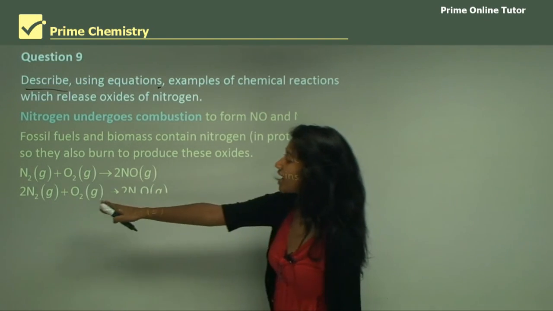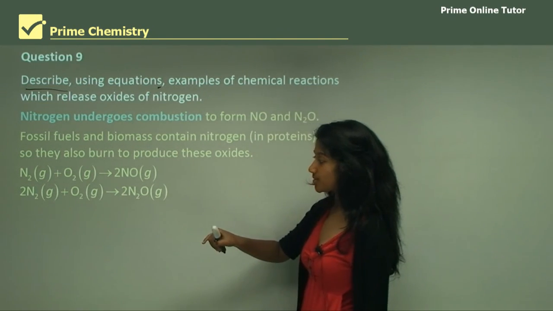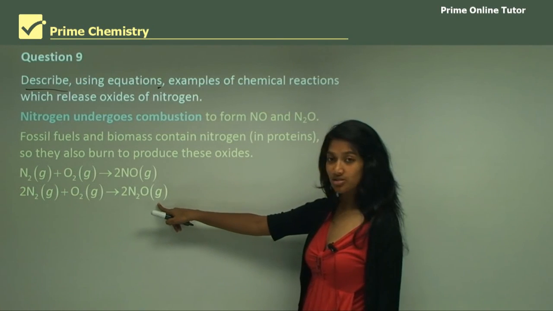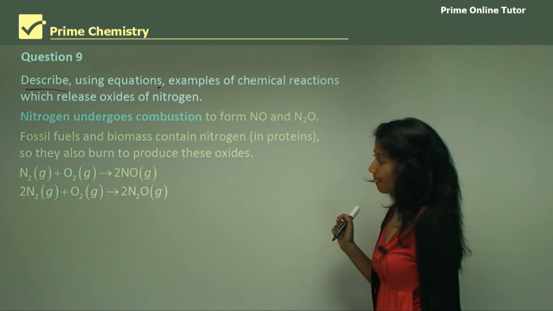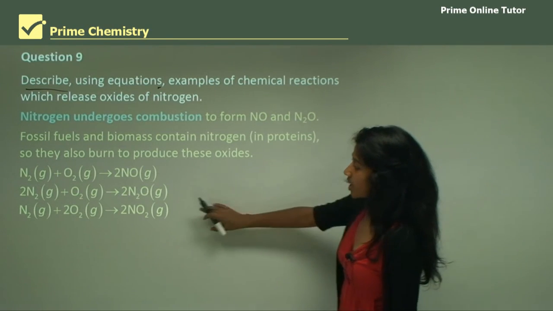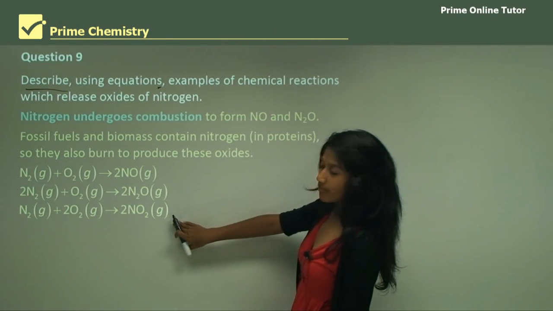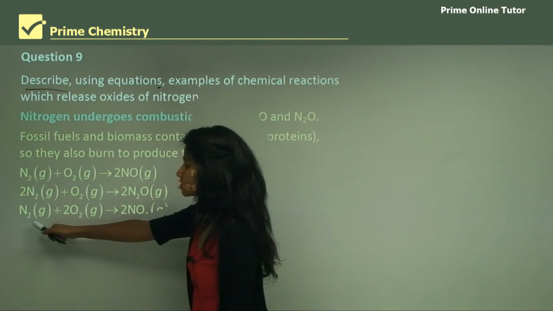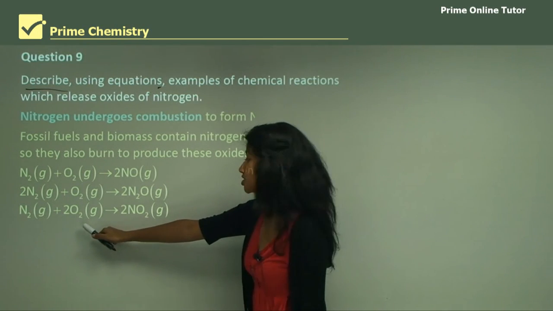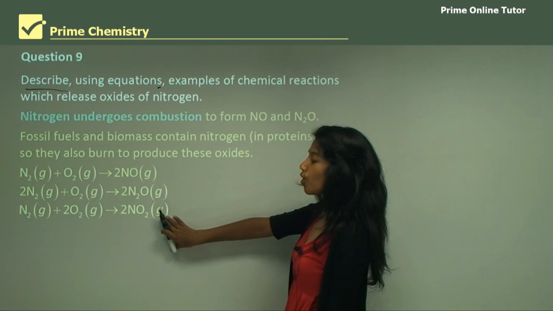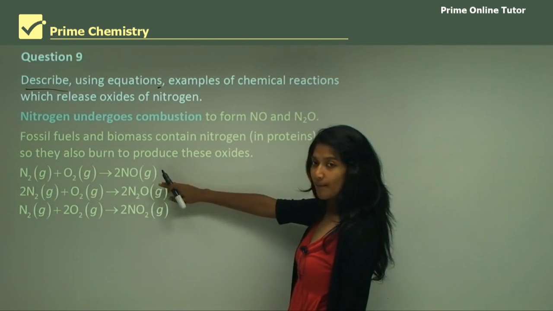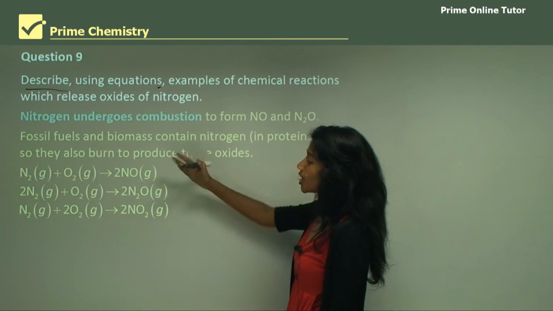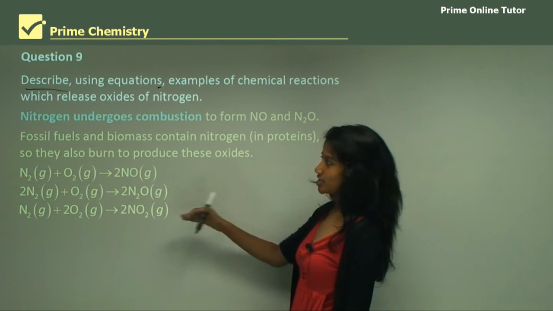Then we have nitrogen with oxygen again forming nitrous oxide, which is dinitrogen monoxide. Now we also have another form of combustion. Again, nitrogen undergoing combustion in the presence of oxygen forming nitrogen dioxide.